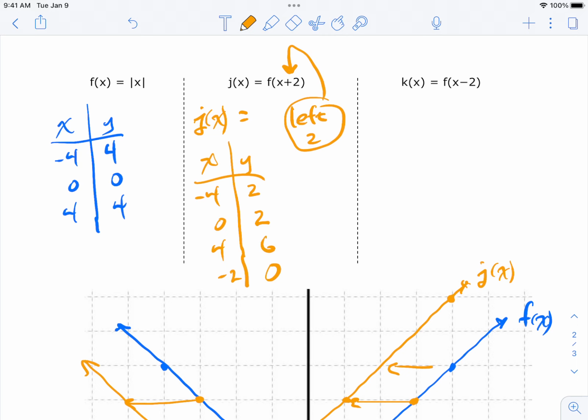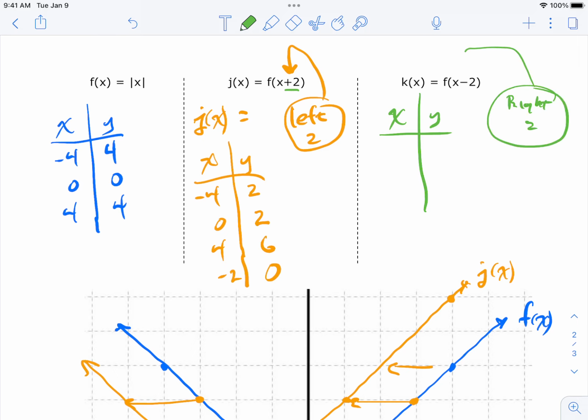I'm willing to bet that you've got a pretty good guess what that's going to do. We're not adding 2, we're subtracting 2, so we're doing the opposite. We're not going left 2, we're going to go right 2. If you want to make a nice little XY table for yourself, go right ahead, but you're going to find that it goes right by 2.